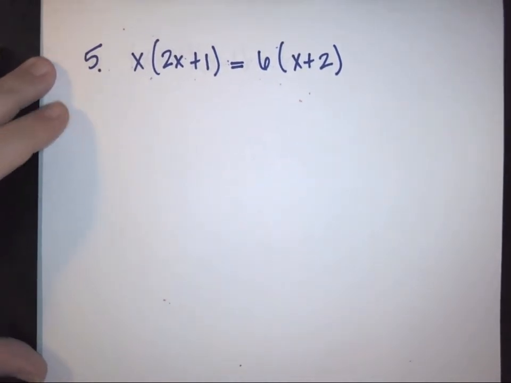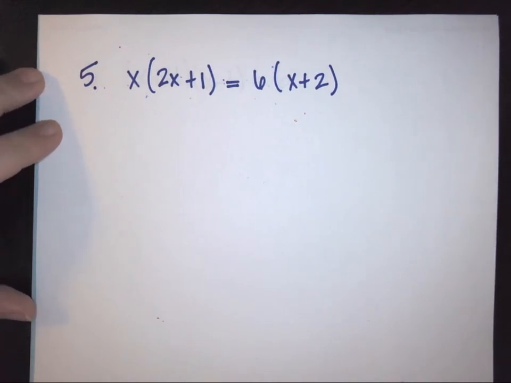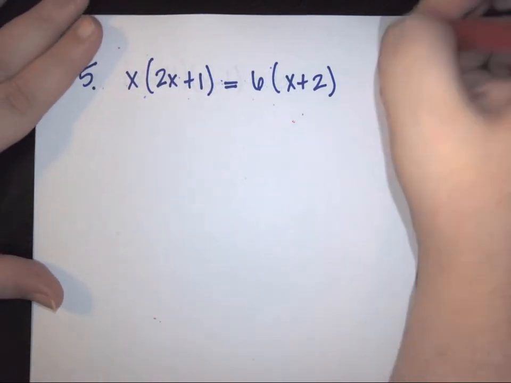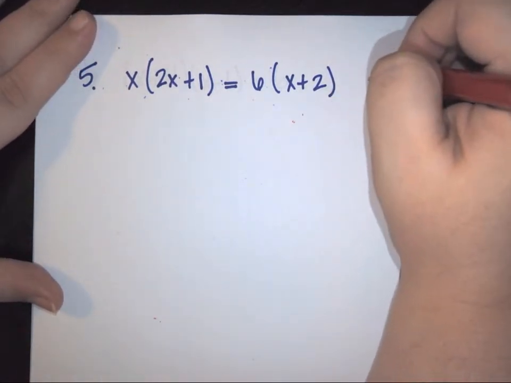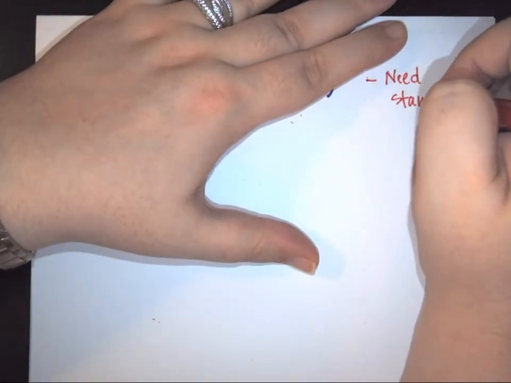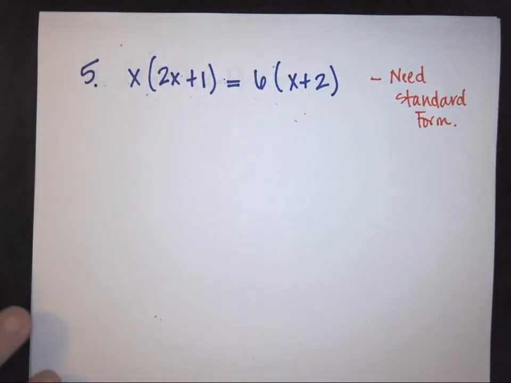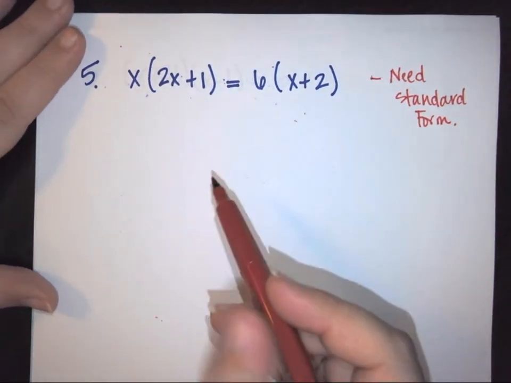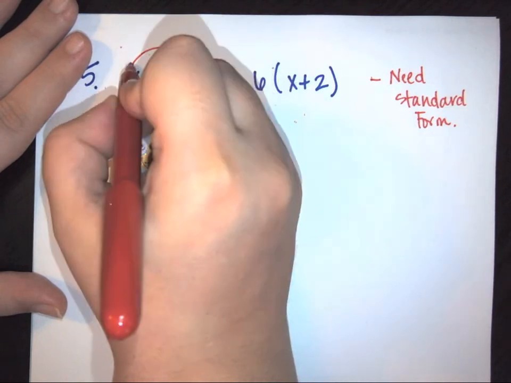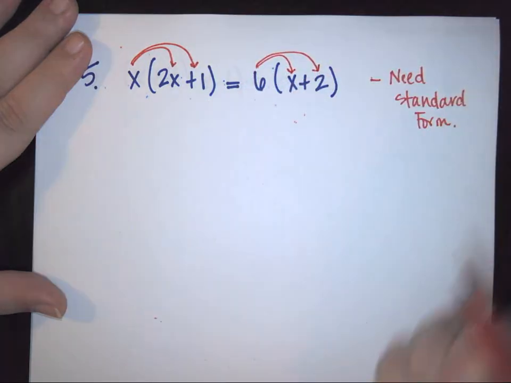Alright, let's look at another one. Now, this one here, the first thing that we actually have to do is we have to distribute. Why? Because your goal is that we need standard form. That is what we need. And in this current state, we can't get it. So the first thing that we have to do is we have to distribute my outer terms into the parentheses on both sides.